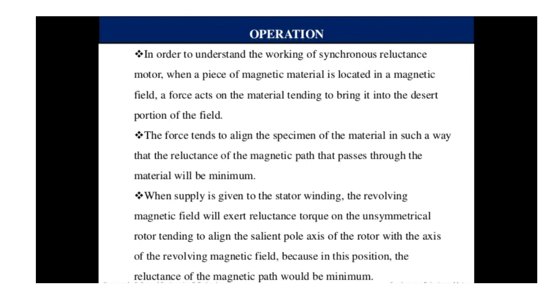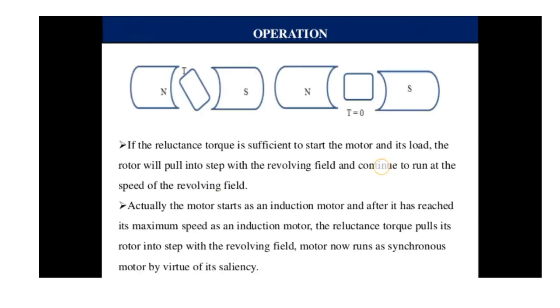When supply is given to the stator winding, the revolving magnetic field will exert reluctance torque on the unsymmetrical rotor, tending to align the salient pole axis of the rotor with the axis of the revolving magnetic field, because in this position the reluctance of the magnetic path would be minimum.